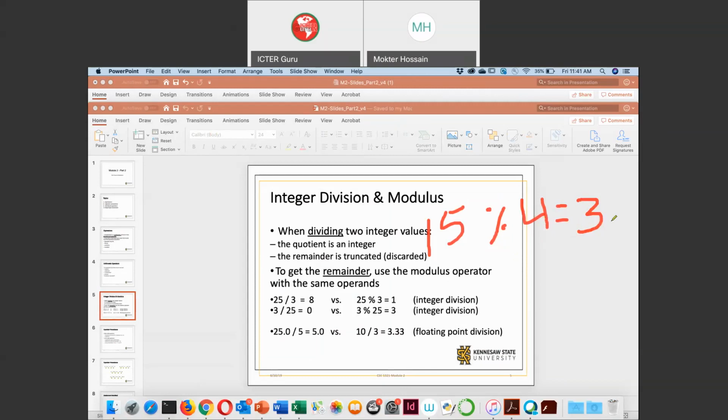Your modulo operator always gives a result less than the divisor. But if I say 4 modulo 15, can anyone tell me what will be my result? Yes, you will give me 4.